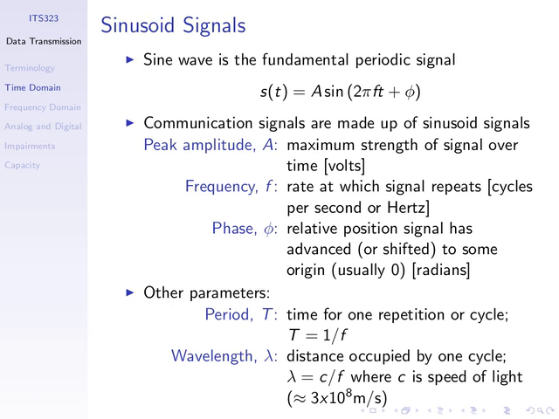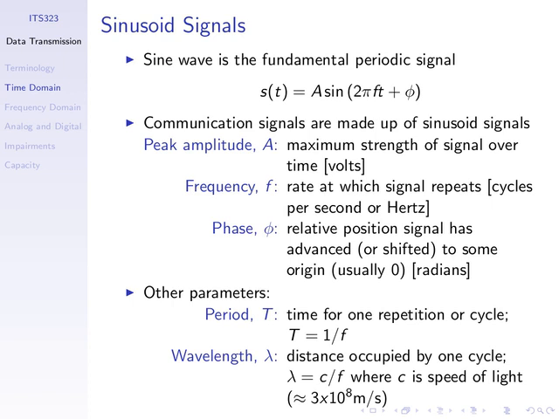So a sinusoid signal, we have this equation, and we'll see that communication signals that we transmit from our computer can be viewed in a mathematical form made up of similar equations but much more complex, using sinusoids basically, combining them together to get a more complex signal. So in this equation we have 3 variables.